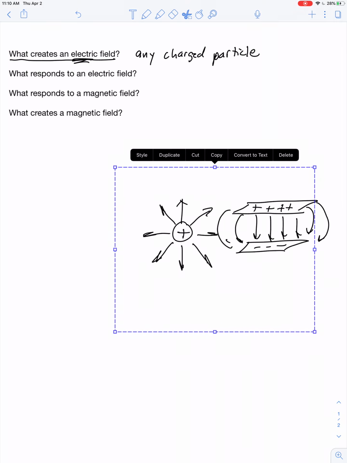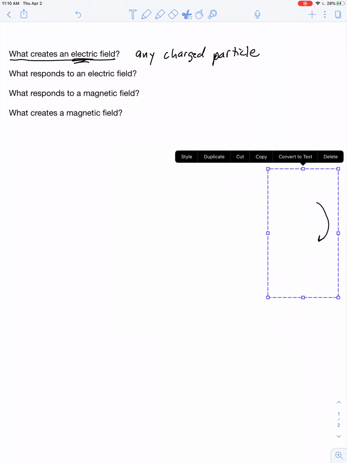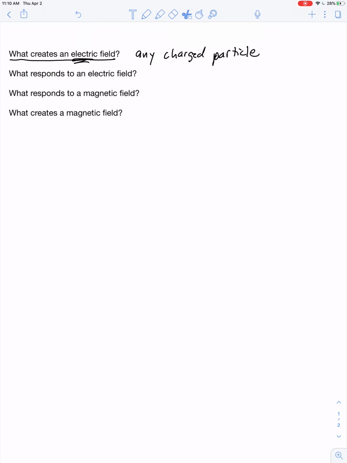The second question asks, what responds to an electric field? And the answer is, well, once again, any charged particle.